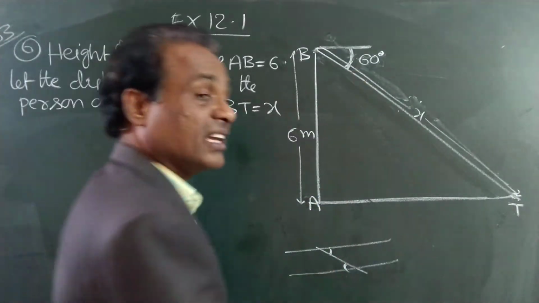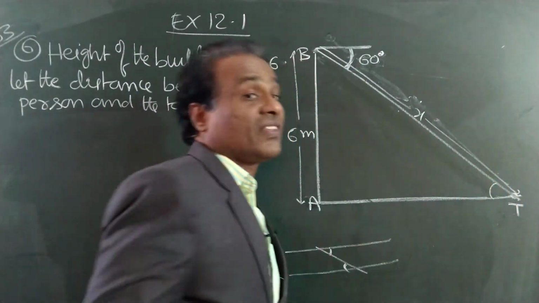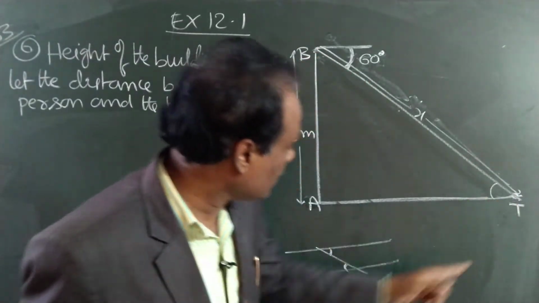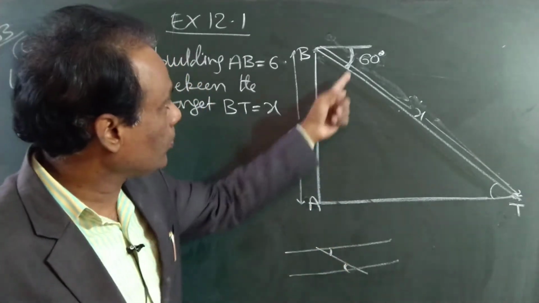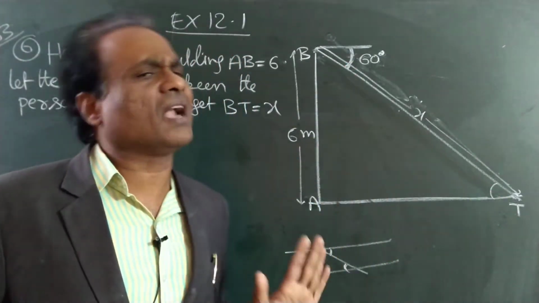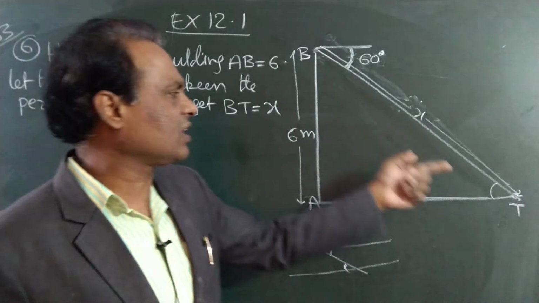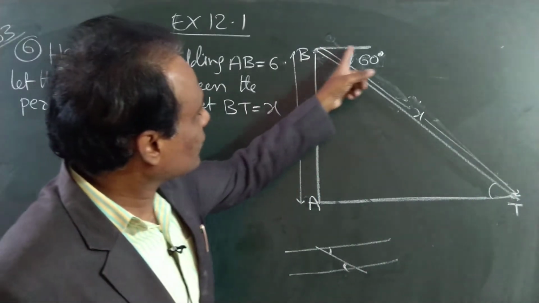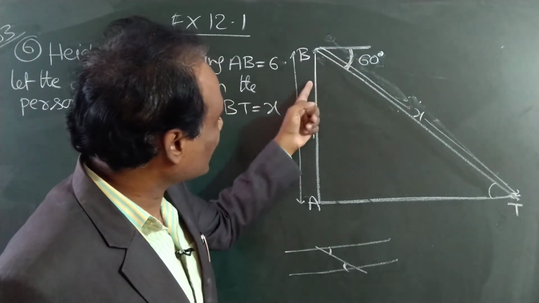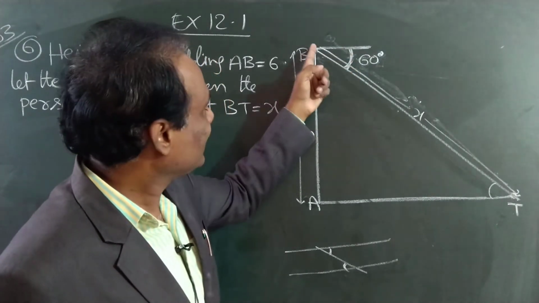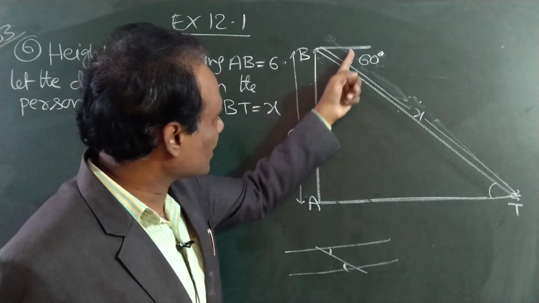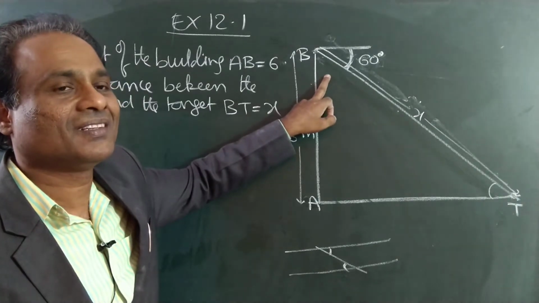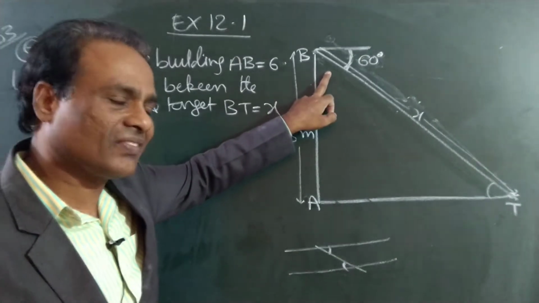If this is 60 degrees, alternate angles are equal, so this is also 60. This is a straight horizontal line and a vertical line, so what is the total angle? 90 degrees. If this is 60, this will be 30.